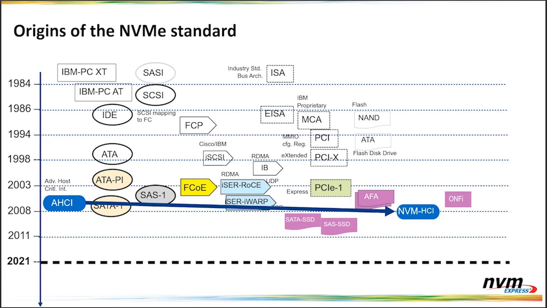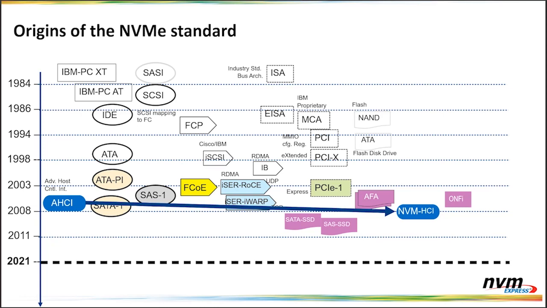Around the same time, in 2009 and 2010, another group within Intel was working on a project called Aeon. They were working on exposing storage directly to user space for better performance, right? They were using some InfiniBand concepts, the queuing architecture from the queue pair architecture. They called it IO queues and admin queues. They came up with the doorbell architecture and also the PRP, physical region pages, and all that.